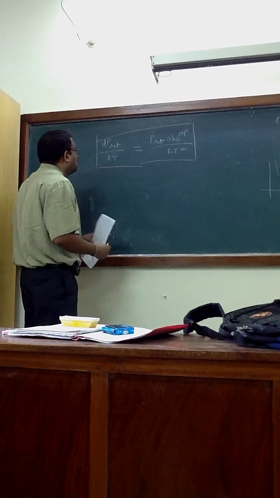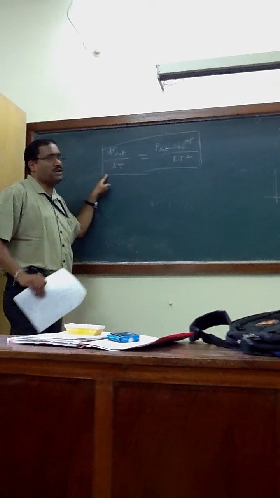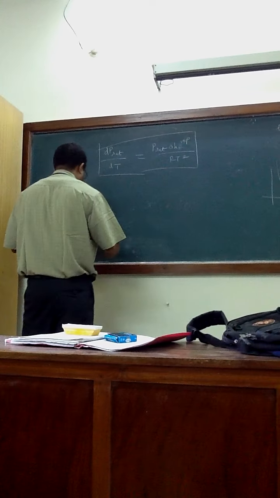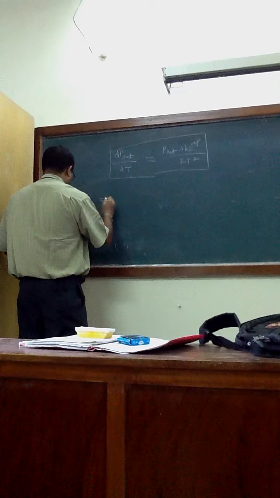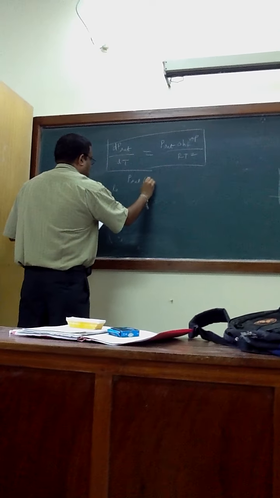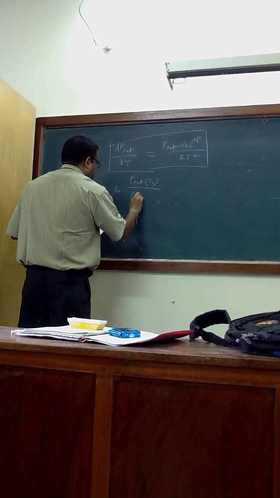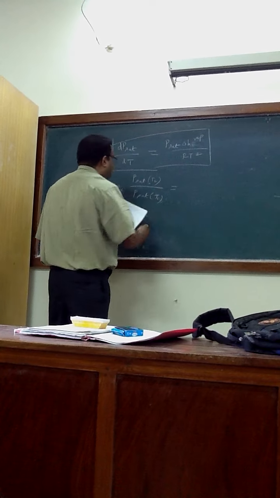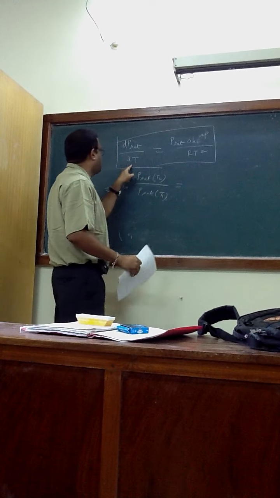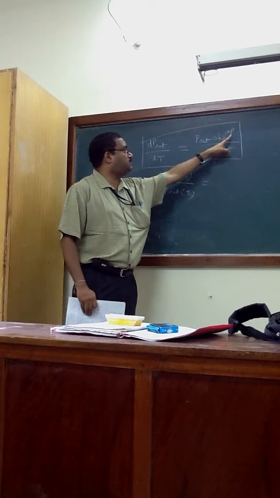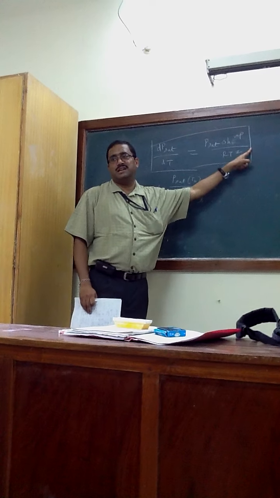So if you have dP sat by P sat, which is d ln P sat, and you integrate, what do you get? ln of P sat at T2 by P sat at T1. What is the right hand side? Remember, from this equation it will be d ln P sat equals delta H over RT squared dT.